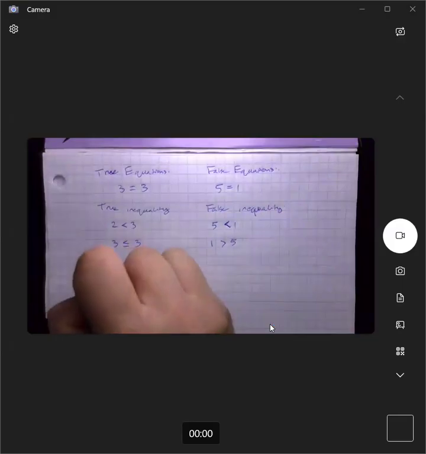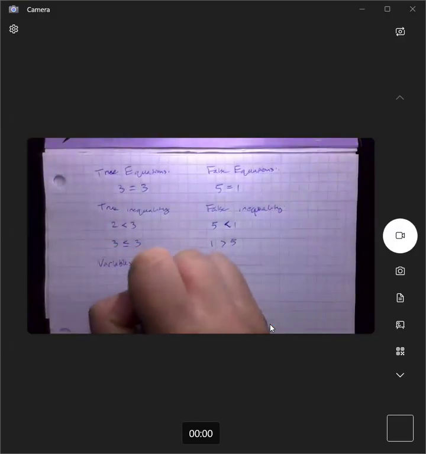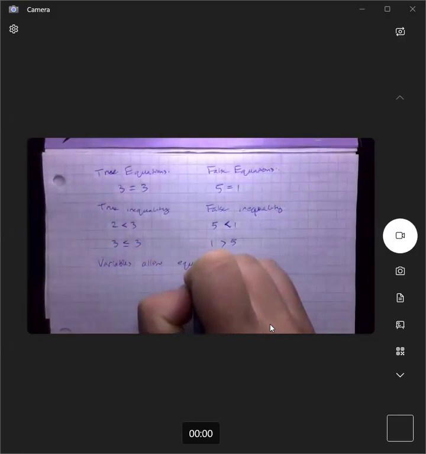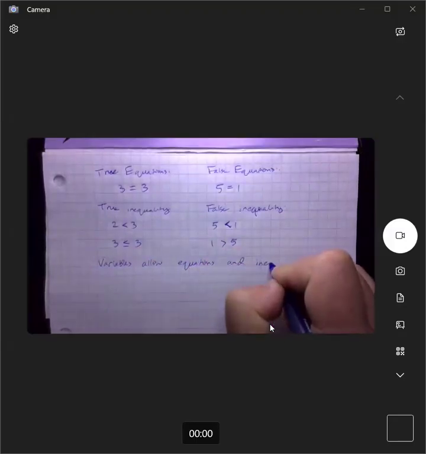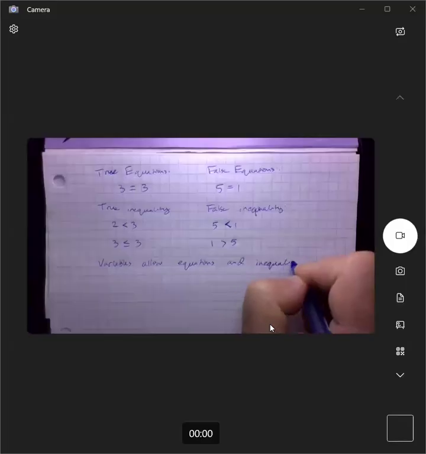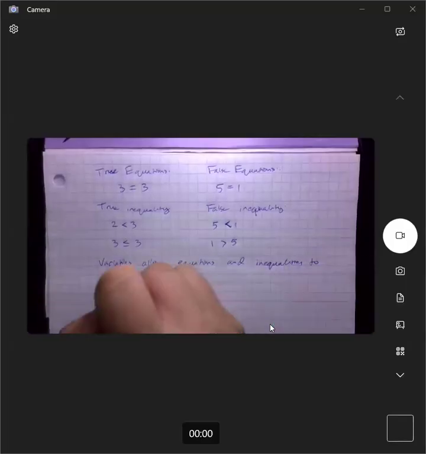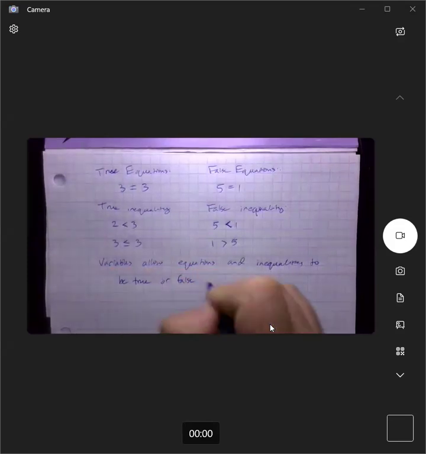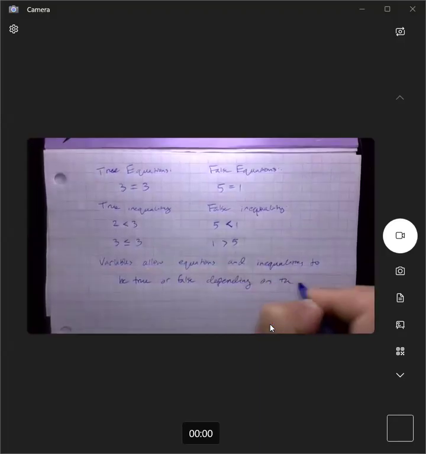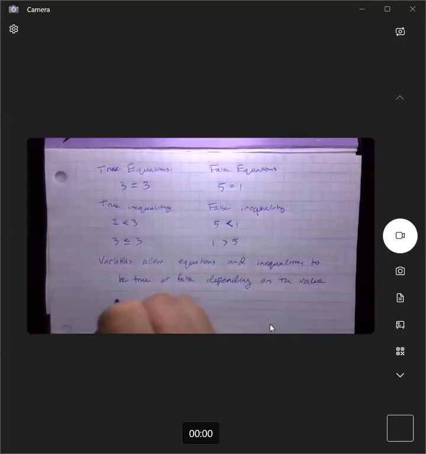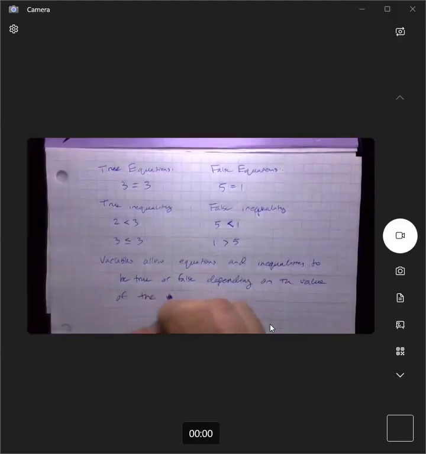But variables allow equations and inequalities to be true or false depending on the value of the variable.